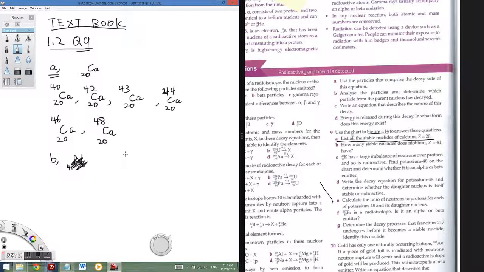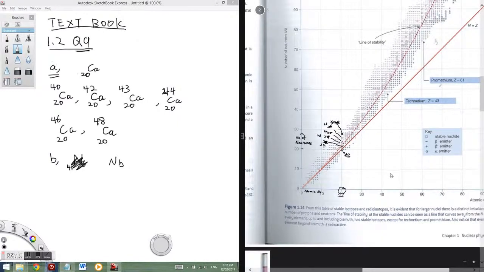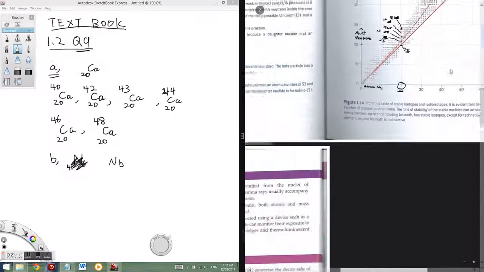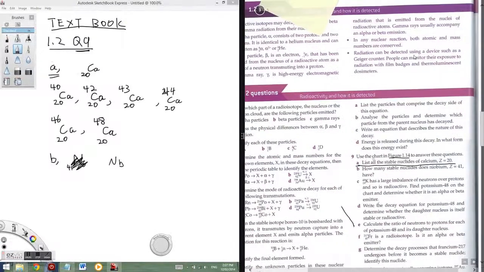The chemical symbol should be Ni or Nb. I need to check it up.